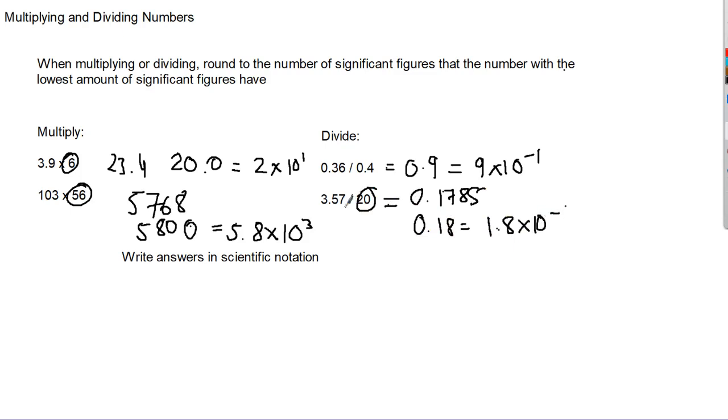Because there's 20 and two decimal places, two digits means, actually no, it's 20, so it's one significant figure, right? I nearly made that mistake. It's one significant figure. Rounded to 0.2. 0.2 means 2 times 10 to the negative 1.